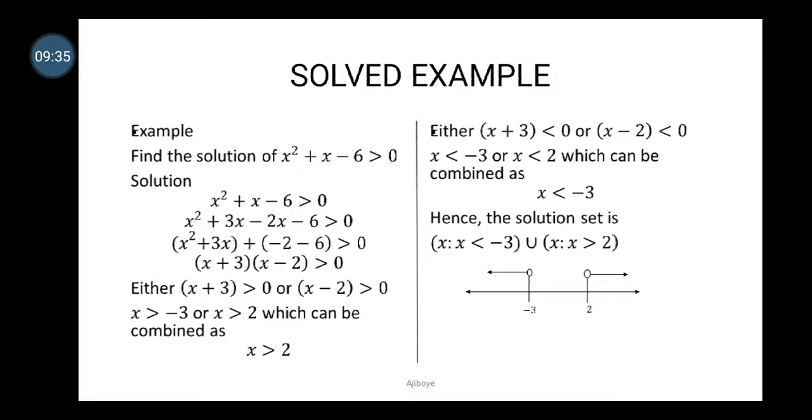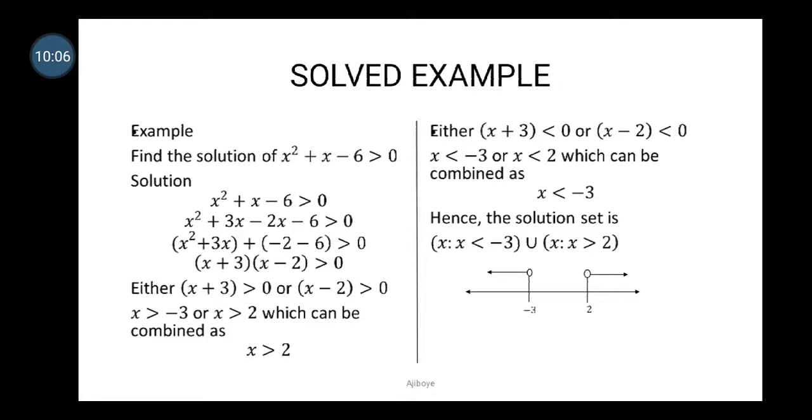So the solution set will now be x such that x is less than minus 3, which is the solution of the second case, union x such that x is greater than 2, which is the solution to the first case. So you can see the union of the two inequalities is the solution set of the inequality.